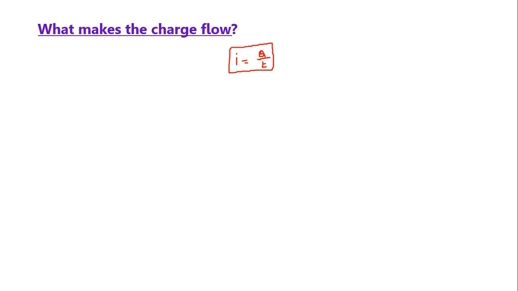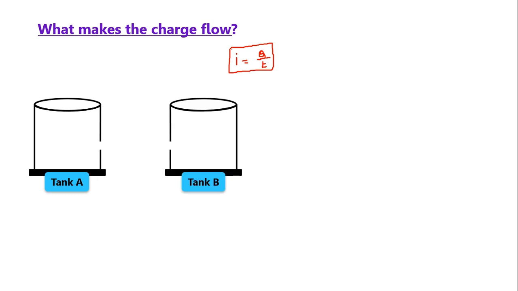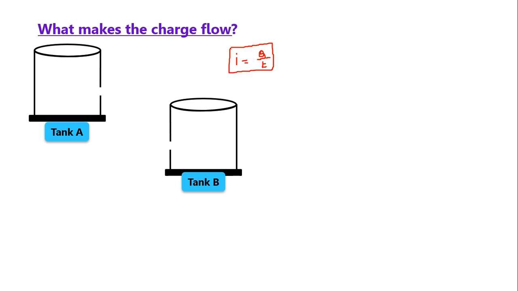What makes the charge flow? If you take two different tanks, tank A and tank B, where tank A is at a higher height and tank B is at the bottom, and connect a pipe with a valve between them, the water automatically flows from tank A to tank B without any external source.